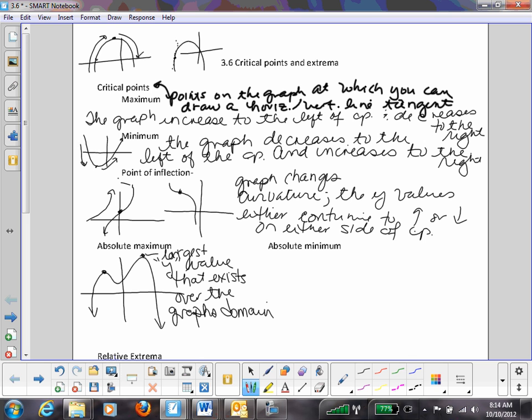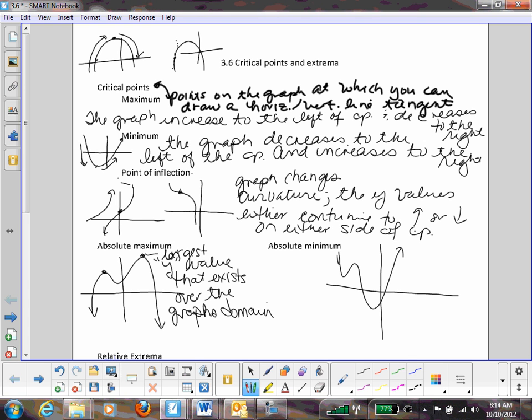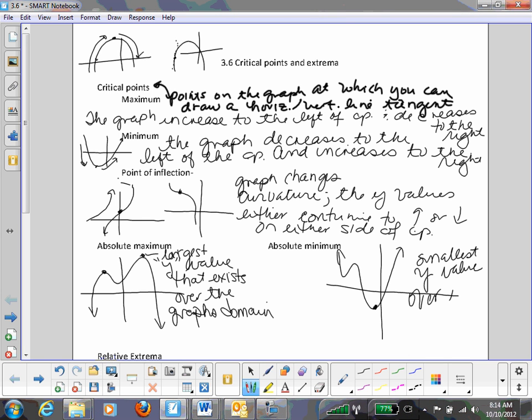Whereas the absolute minimum, again, I have several minimums, but the absolute minimum is then the what y? Okay, think mathematically. Yes. Okay, it's the smallest y value over the graph's domain.